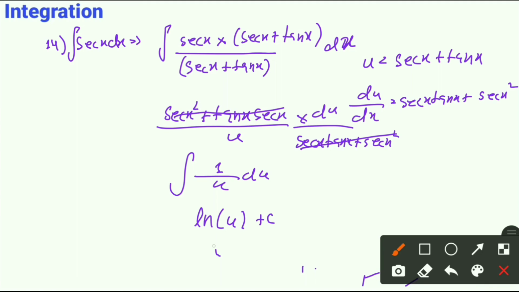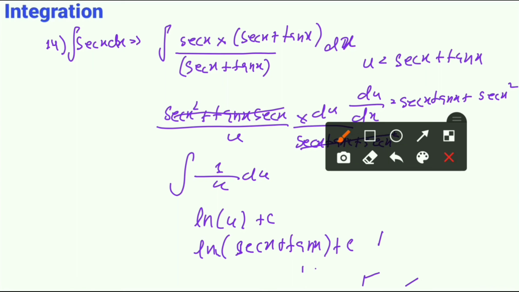Doing the integral, ln u plus c, and ln u would be ln of sec x plus tan x plus c, and this is the answer for the integral of sec x dx.